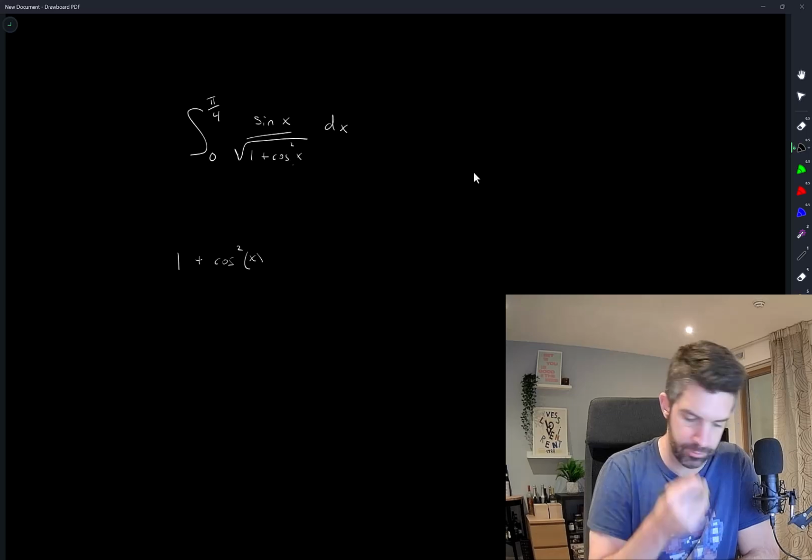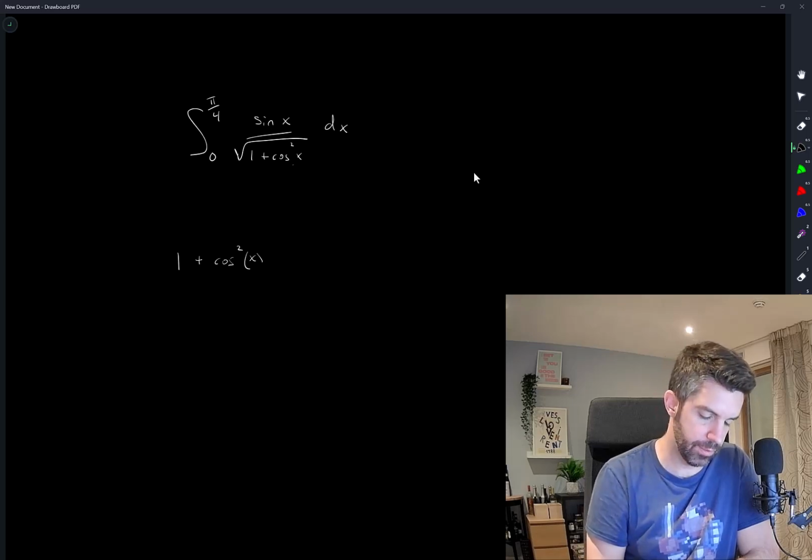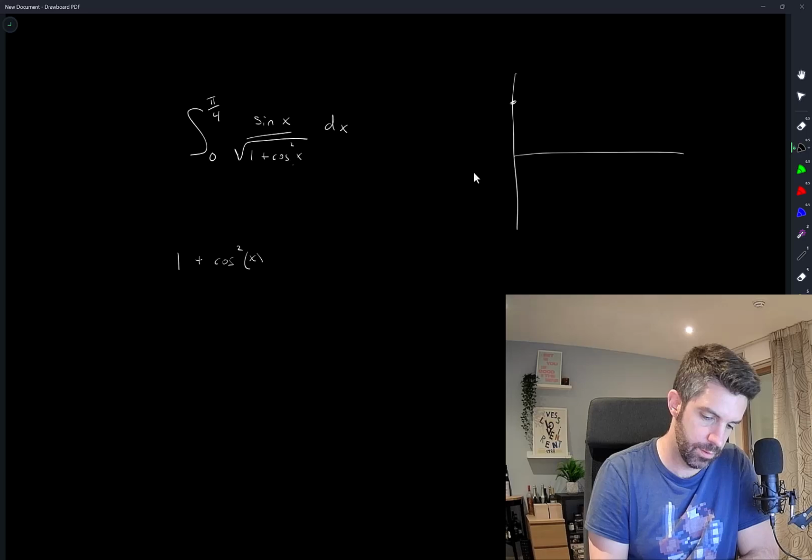Oh, yeah, I see what we could do. Oh my goodness. Okay, so let's look at the graph of 1 plus cosine. So cosine looks something like that.